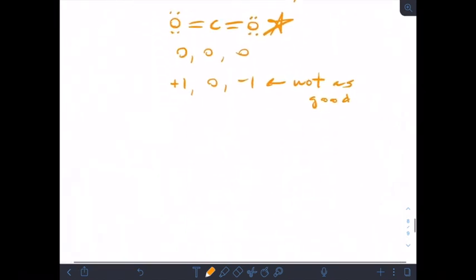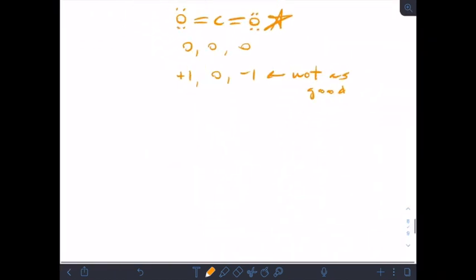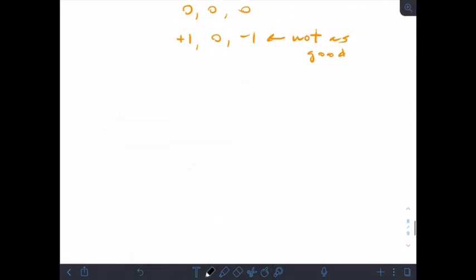All right, so let's do another example. And let's talk about Lewis structures for ions, okay? So for our chlorate ion. Now when you see that negative charge, that means one more electron, right?